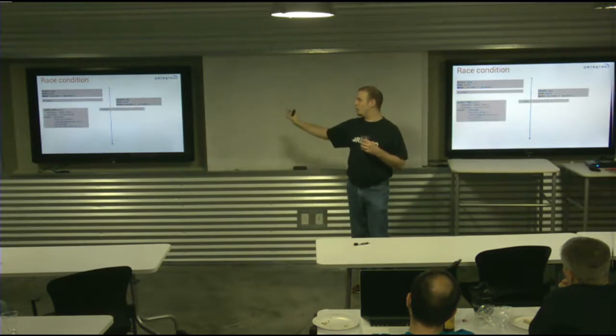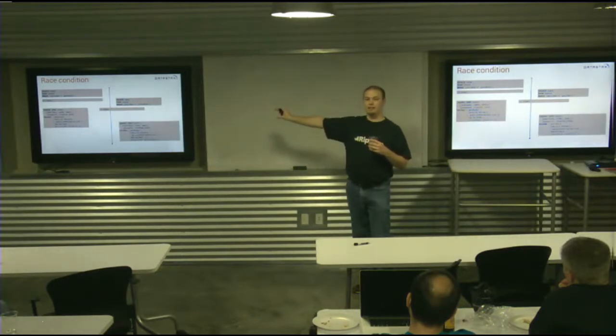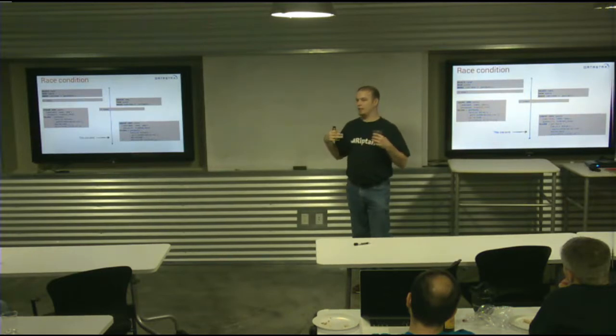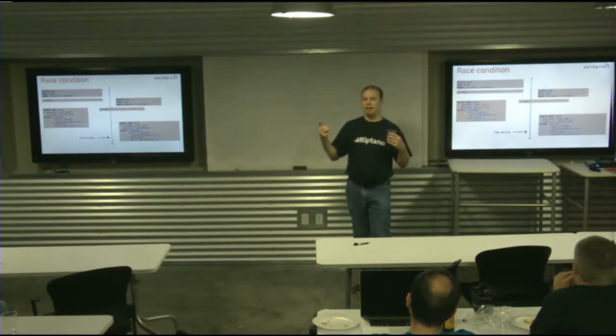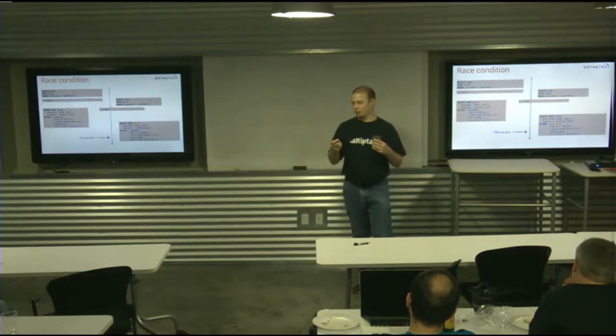Cassandra says no. Meanwhile, the first client says, okay, it doesn't exist, so I'm going to insert it. And then the second client does the same thing. So the second client is the one that is going to end up overriding whatever the first client did. But the first client has no way of knowing that. As far as it's concerned, the user didn't exist, so it claimed it. Meanwhile, someone scribbled all over its data afterwards because of this race.